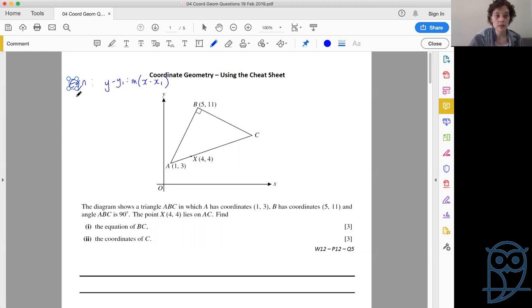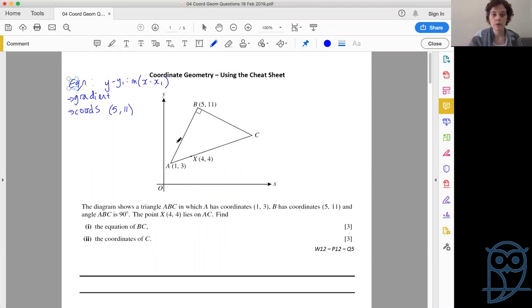So we need a gradient and we need coordinates. Well, we can see straight out that coordinates we're happy because we've got (5, 11). Okay, gradient, we don't have. We're not told the gradient of BC, and we've only got 1 point on the line. So we have to think a bit more.